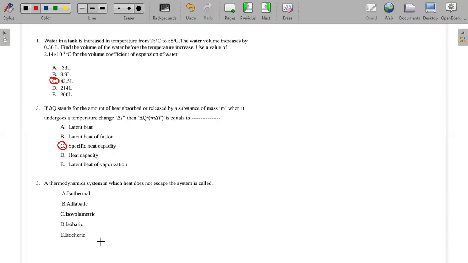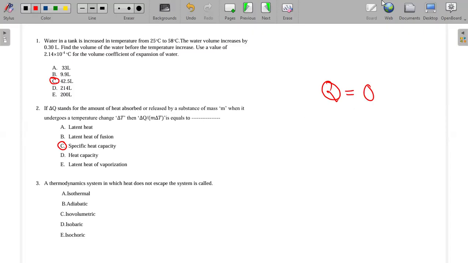So if the heat is not escaping the system or entering the system, that means there is no change in heat to that particular system. This is very, very simple. So we have no heat escaping the system, that means our Q is equal to 0, like that.